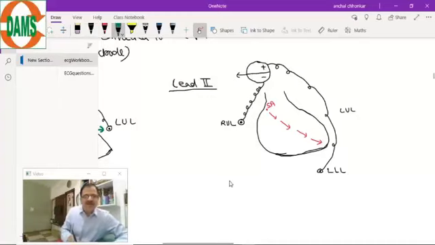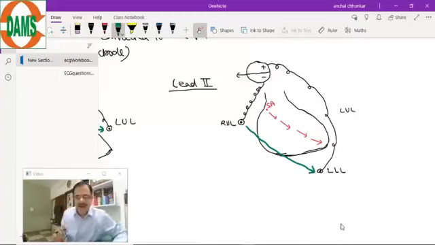And what is the vector direction of this lead 2? Basic principle: the tail is towards the reference electrode and the arrowhead is towards the exploring electrode. So this will be the vector line of lead 2, green colored you can see.